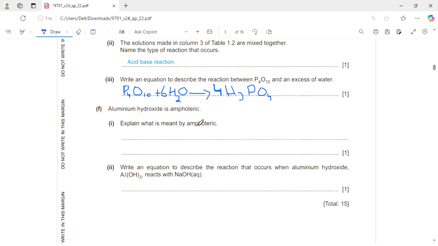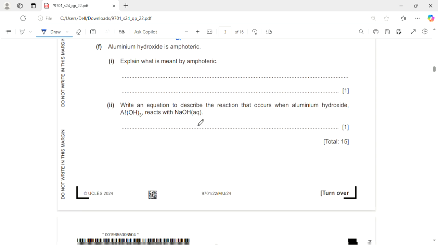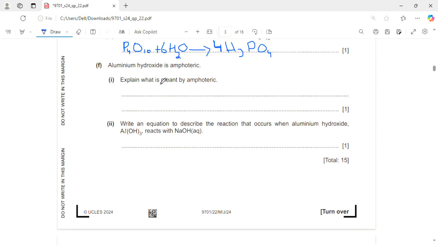So move to another part F, aluminum oxide is amphoteric. Explain what is meant by amphoteric. The answer is it shows both acidic and basic behavior.